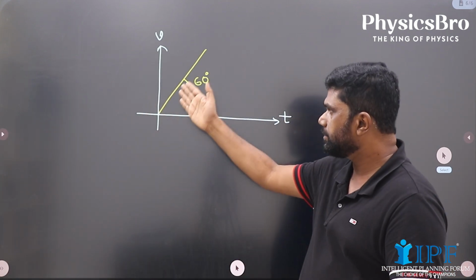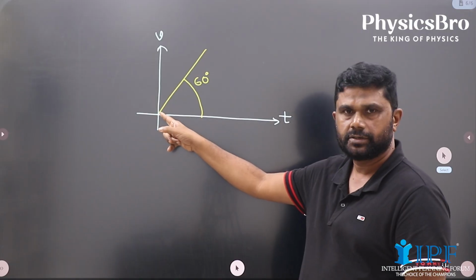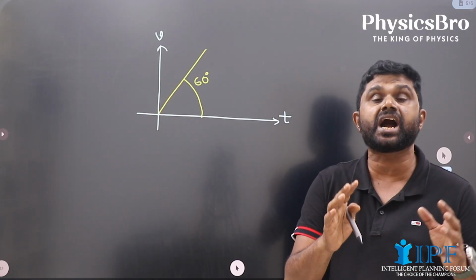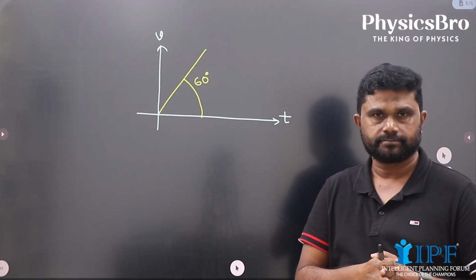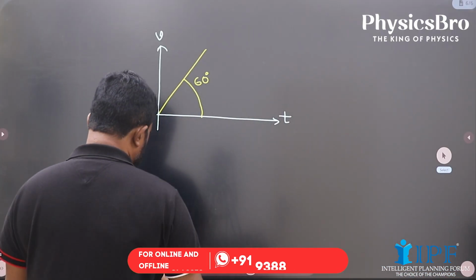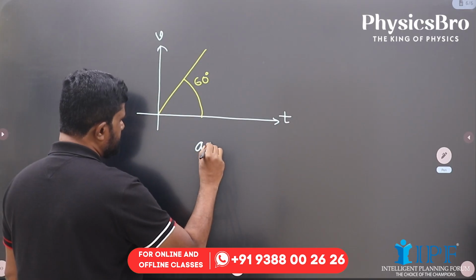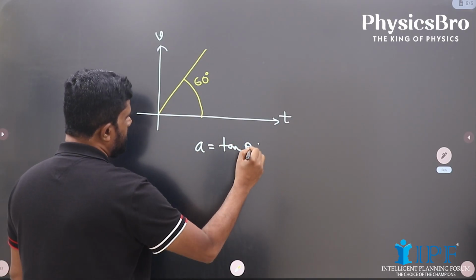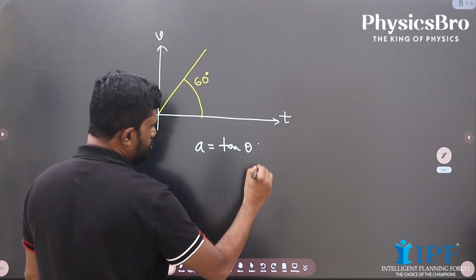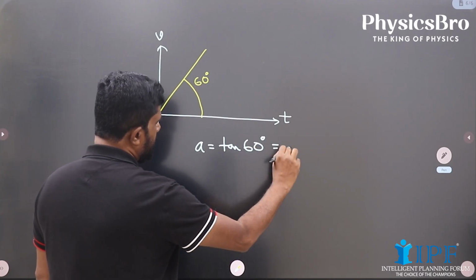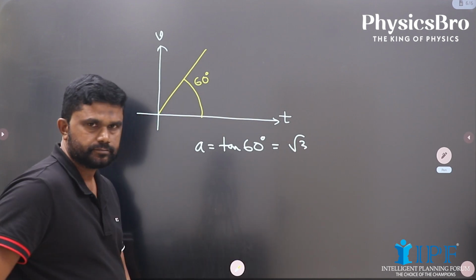As the velocity time graph passes through the origin, initially when t equals 0, velocity equals 0, our body starts from rest. What would be the acceleration? Here, acceleration is actually the slope, that is equal to tan theta. Here theta is equal to 60 degree, and that is root 3.